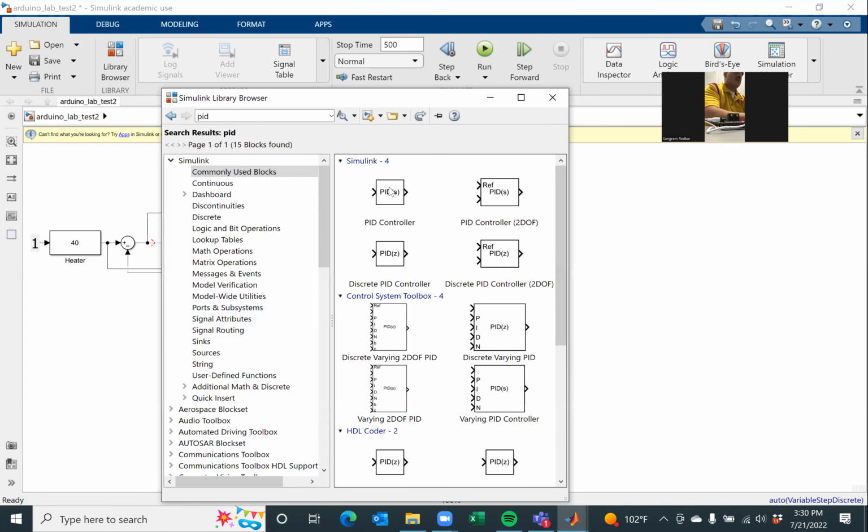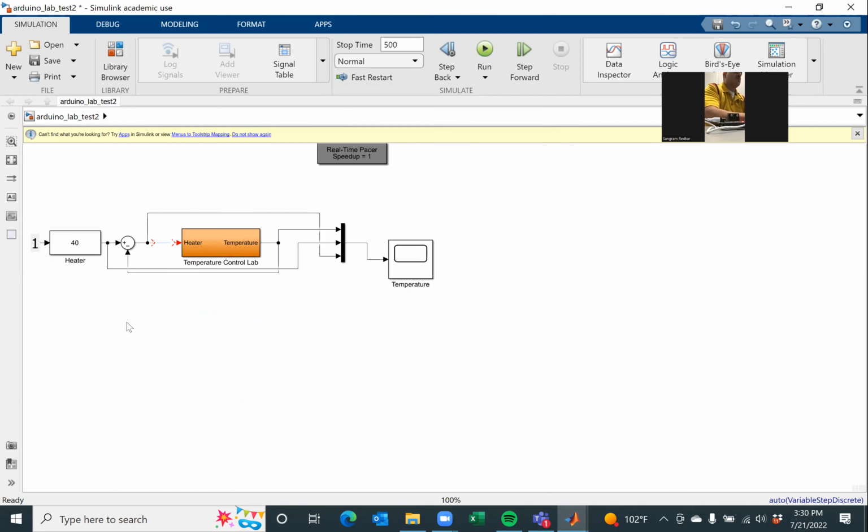And then I will grab this PID block and place it over here.